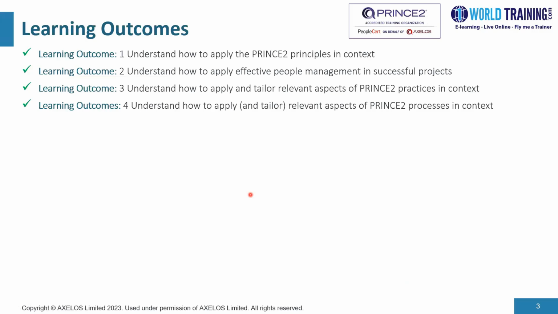Learning outcome number 3 is all about understanding how to apply and tailor relevant aspects of PRINCE2 practices in context. And finally, learning outcome number 4 is about understanding how to apply and tailor relevant aspects of PRINCE2 processes in context. So it's all about application of principles, people management components, practices, and PRINCE2 processes.